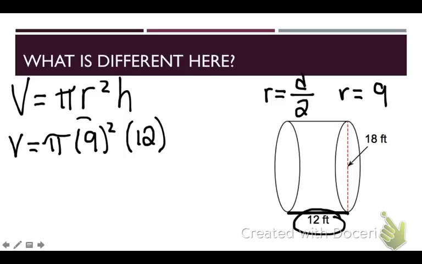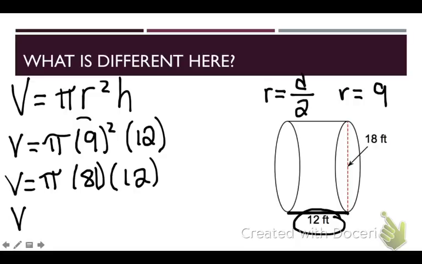All right, so now we multiply it out. V equals pi, 9 squared is 81. 81 times 12 is 972. So 972 pi. Again, it's feet cubed.